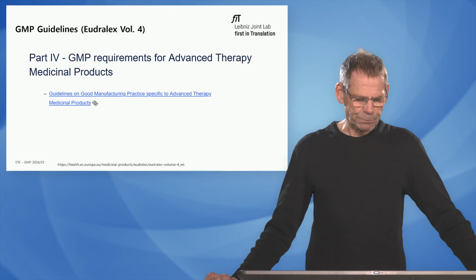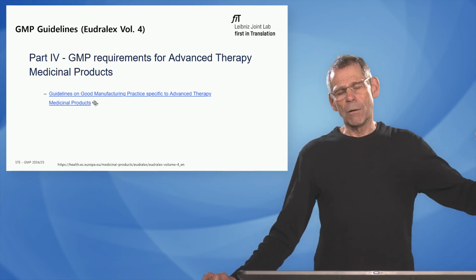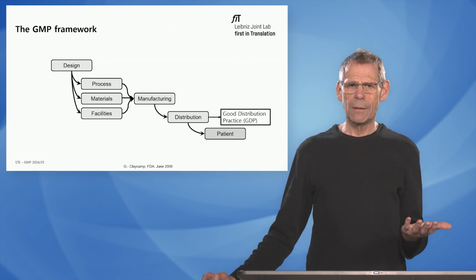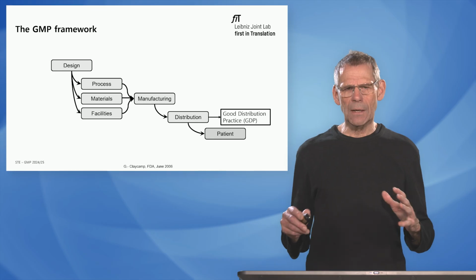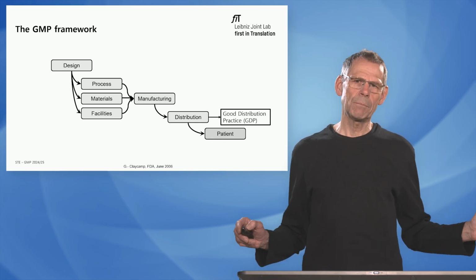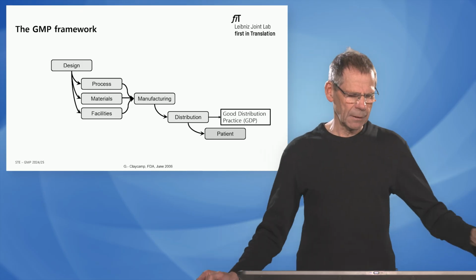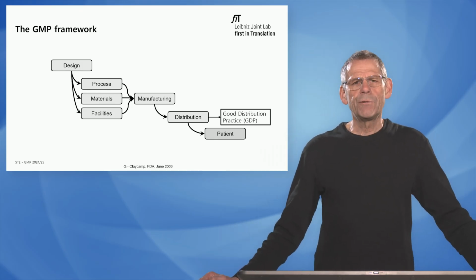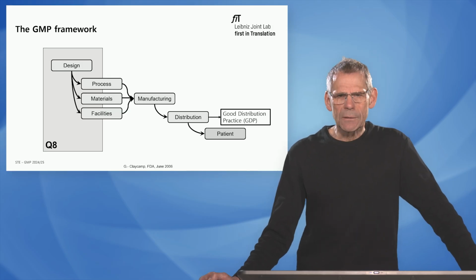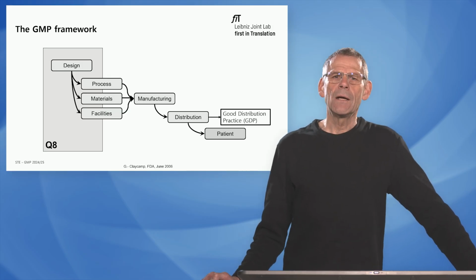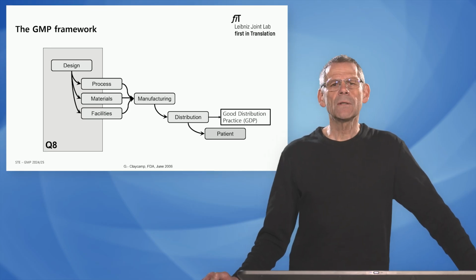Now, if we put this into an image, as I said, GMP is starting already in the product development state using the quality by design guidelines. So first we need to develop a process that is reliable, that we understand the quality and the variables, and that we can monitor the process in the right way.